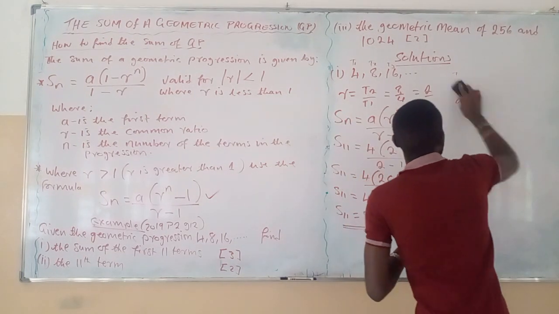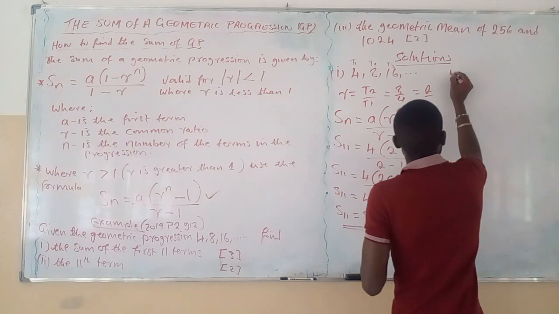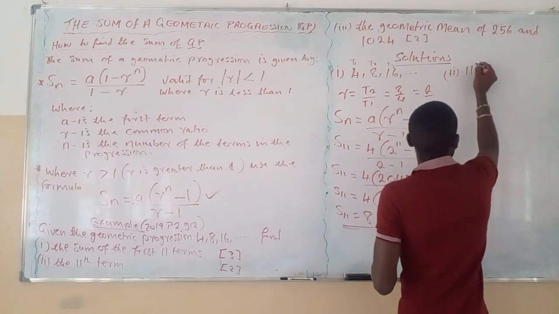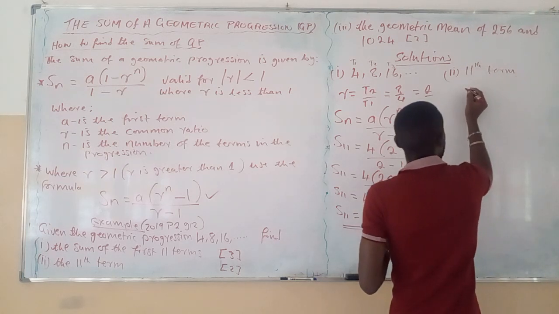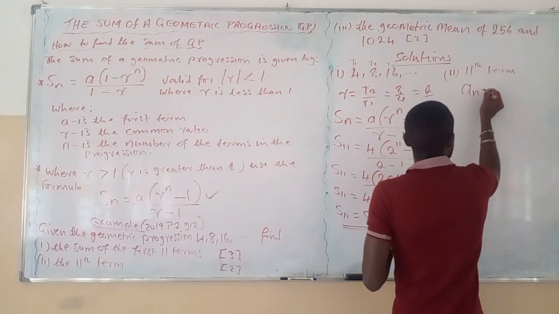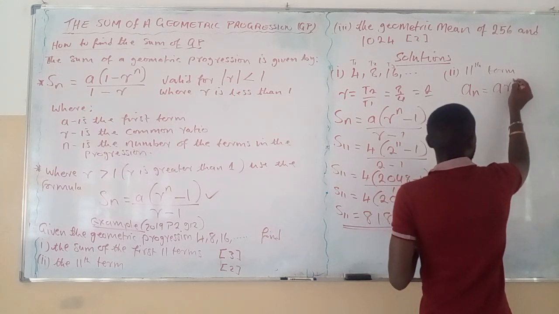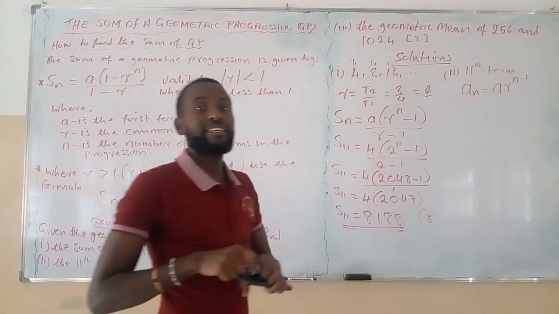Let me erase this data now. Let us use the formula to make things easy. We are trying to find the 11th what? The 11th term. So the nth term is found by the formula: term is equal to a, the first term, times r to the power n minus 1. That is the formula that we use to find the 11th term.